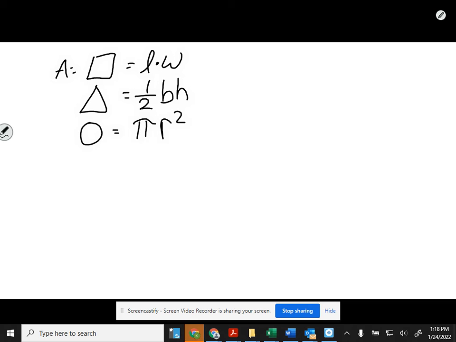So these are my areas. Now perimeter. Perimeter of the square, you add all the sides. Perimeter of a circle is called the circumference.